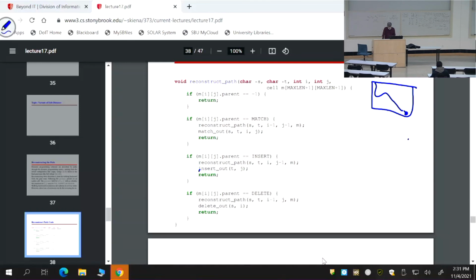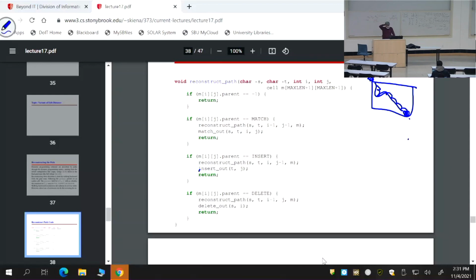The sequence of changes were a path through this matrix. To reconstruct what that path was, we take our cell and we find what was the parent. Parent, parent, parent, parent, parent, parent. Walking back through that parent thing from the end to the beginning. That will give us the sequence of operations that we did. Match, substitute, insert. Okay, delete.